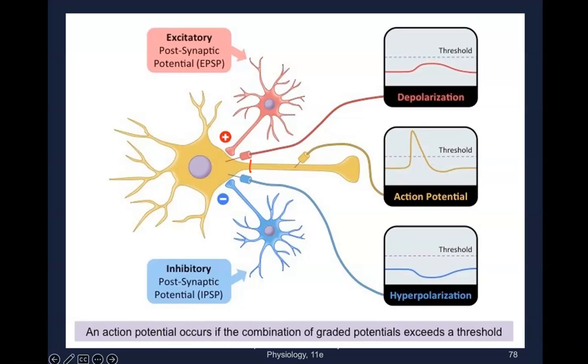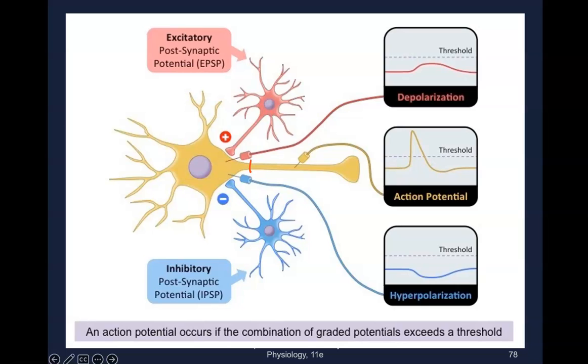We haven't really talked about this yet; I'm just going to introduce it here, and then we'll get into action potentials in a minute. This threshold is at about negative 55 millivolts.